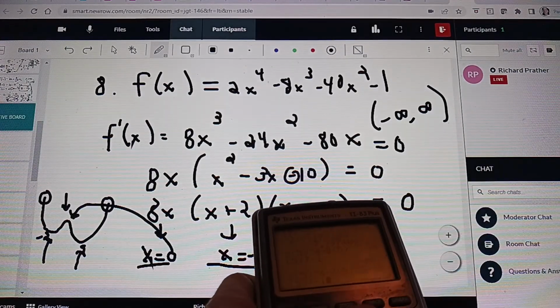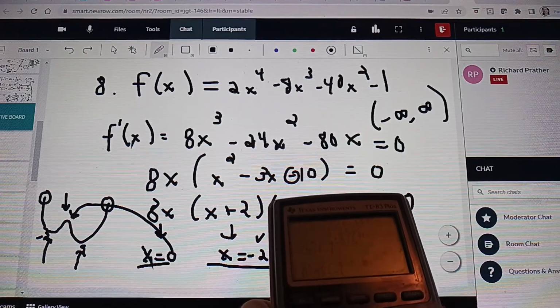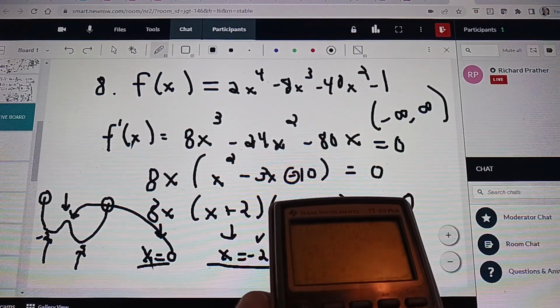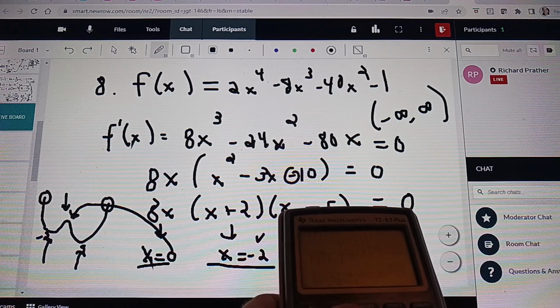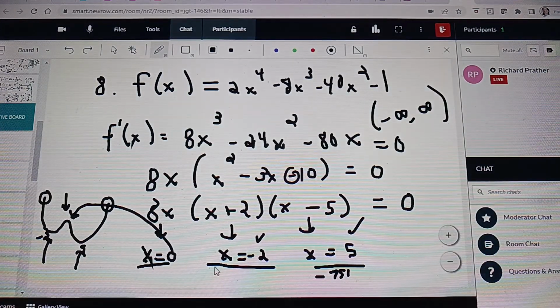And then if I repeat this for negative 2, negative 65.